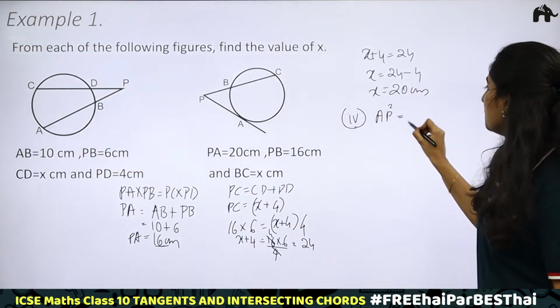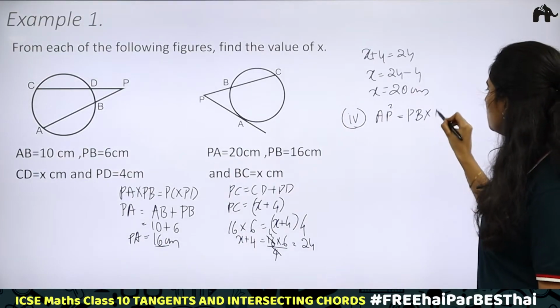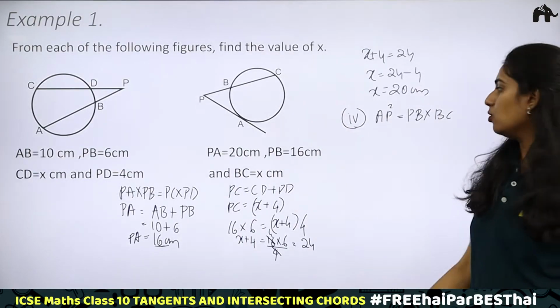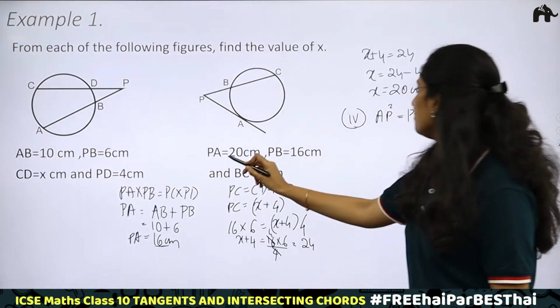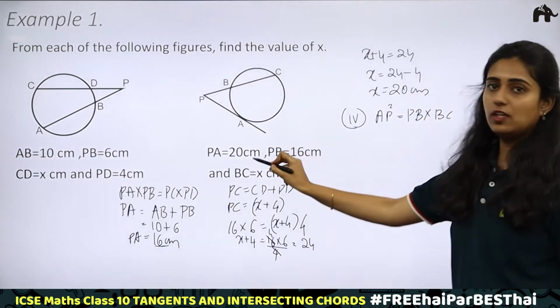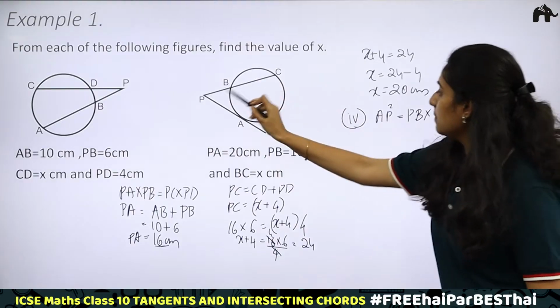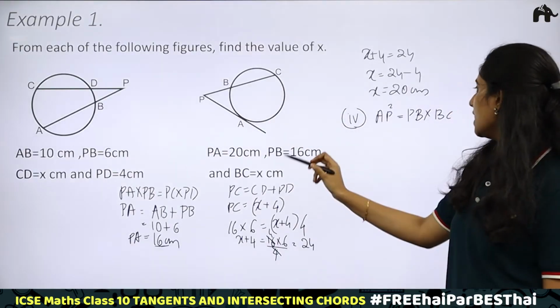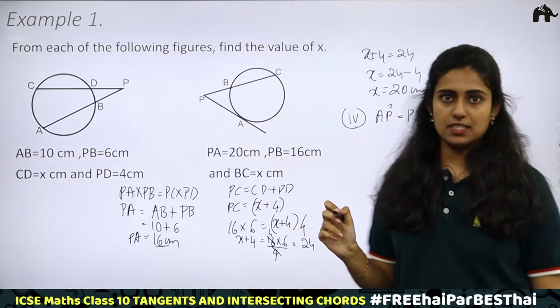That is PB into BC. Here what are the quantities given? We have PA or AP is equal to 20 centimeter. PB is given which is 16 centimeter and BC is X centimeter.